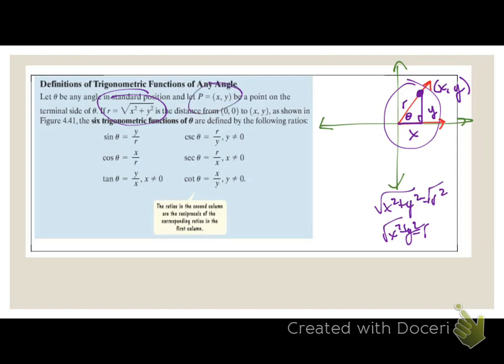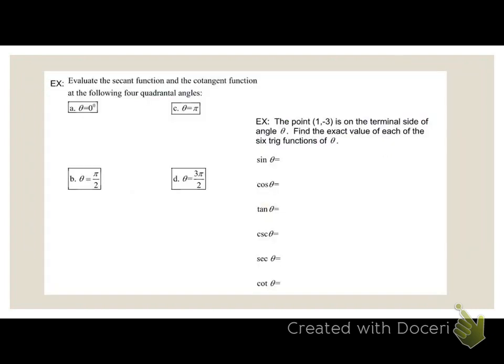And the x and y will just come from the point that's on the terminal side. Once we have r and those coordinates, then we can put together sine, cosine, and tangent. All right? So let's try this out. Now you have to skip around a little bit, like you did for your reference angle examples. Skip down to these examples here.